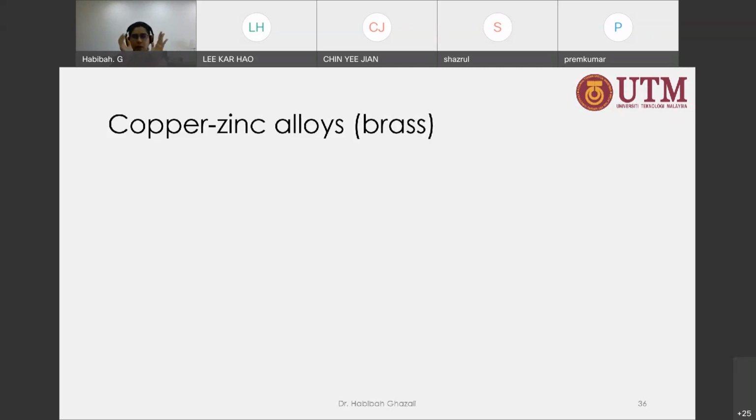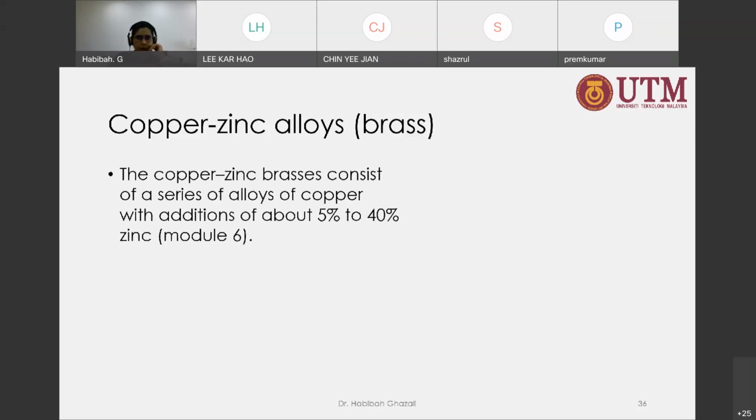So when we combine copper with the major alloying element as zinc, we call them brass. The copper-zinc brass consists of an addition of 5 to 40% of zinc. We've learned this in module 6.